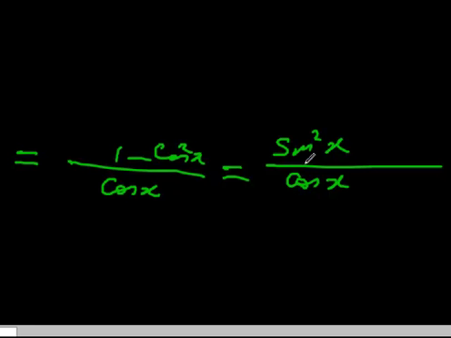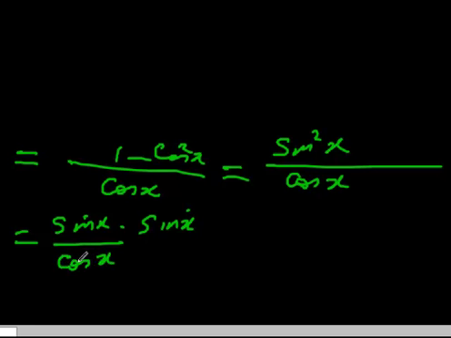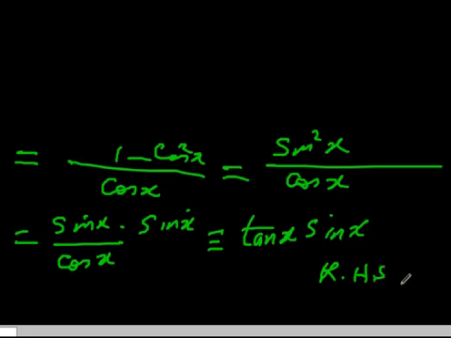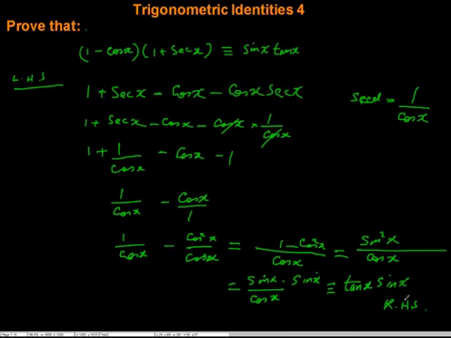What I should do here is split it up into sine x and sine x over cos of x. Now sine x over cos of x makes tan x, and I've got a second sine x here, and that is your right hand side. So I put the identity sign to the right hand side. This is how we prove this identity.